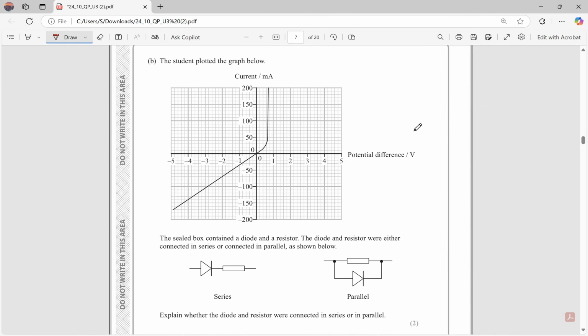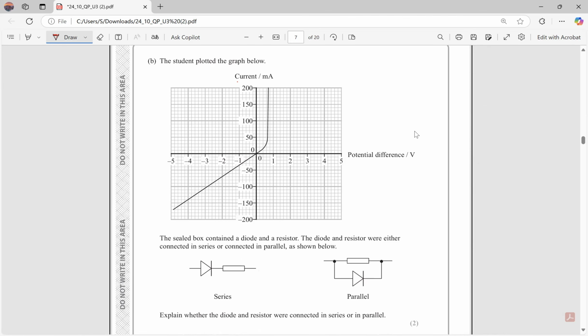The student plotted the graph below. So finally, the student is doing what he was supposed to do: a current potential difference graph. The graph looks a bit strange because you might not have looked at such a graph in the four graphs that you've studied: the resistor, diode, filament lamp, and thermistor.